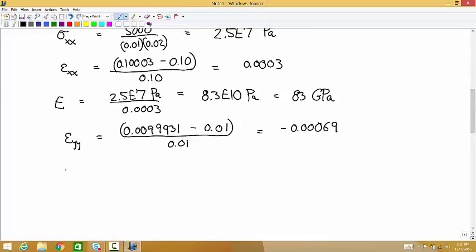And so now Poisson's ratio is the negative of the off-axis strain divided by the axial strain, which we got before. And so you get a value of, what is it, a little over 2?